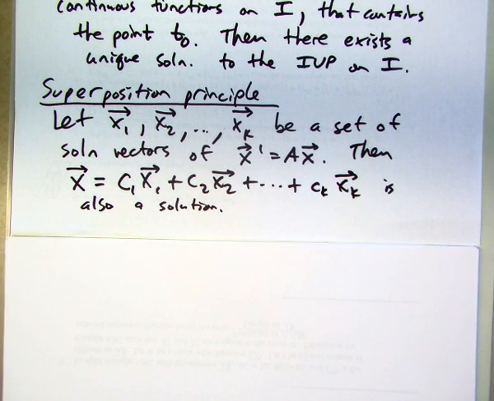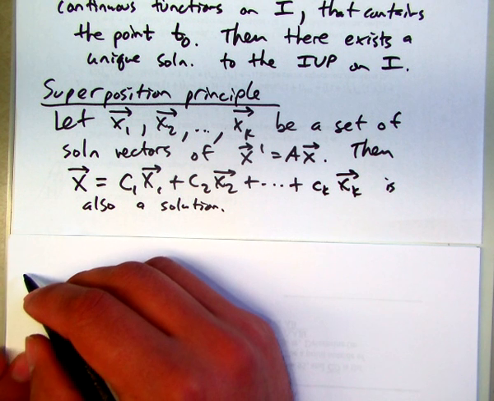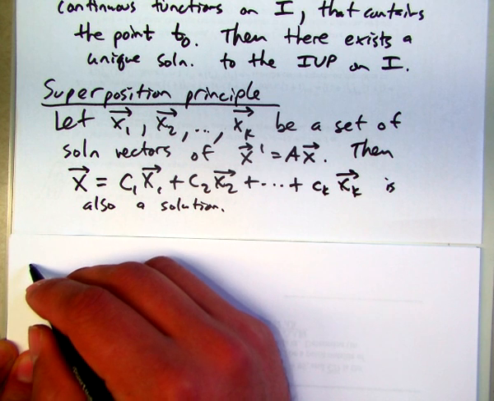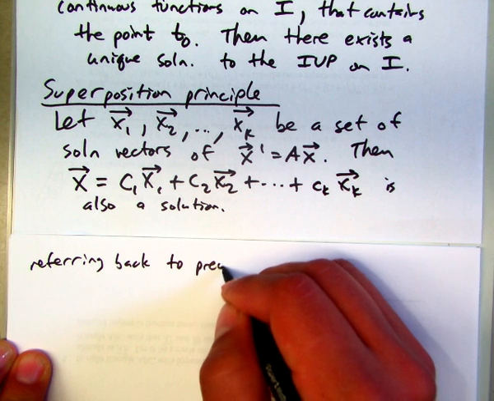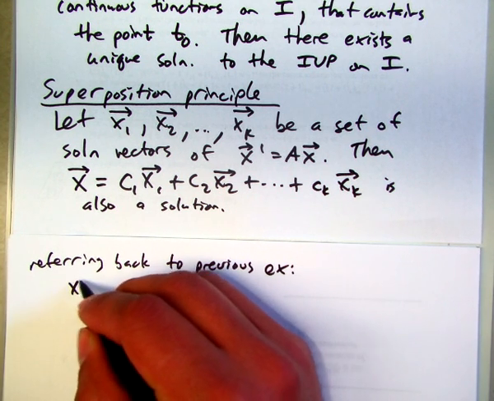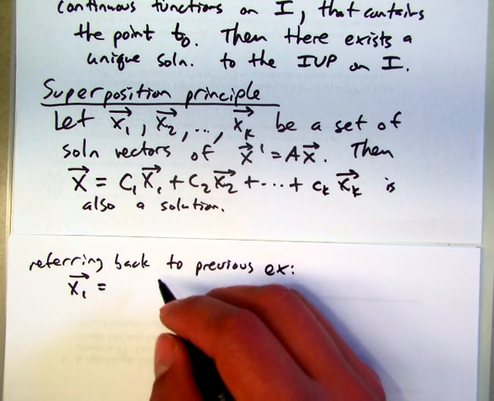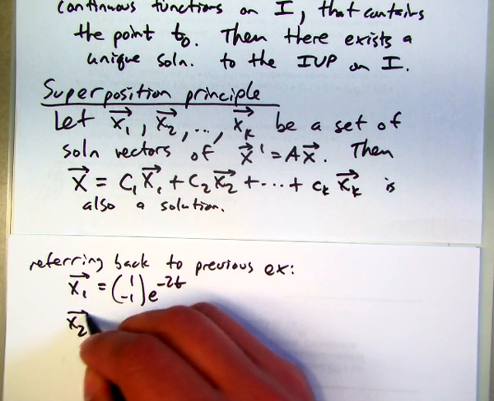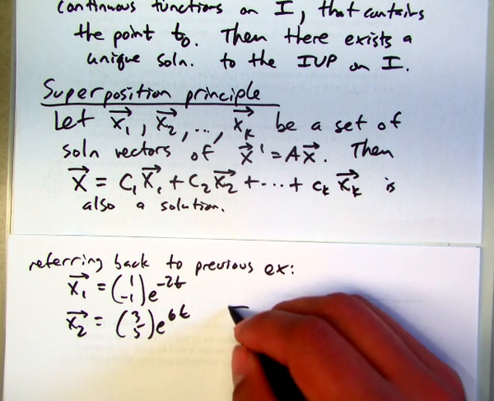Okay. So referring back to the previous example, we verified that x1, which was (1, -1) e to the negative 2t, and x2, which was (3, 5) e to the 6t, were solutions, right?